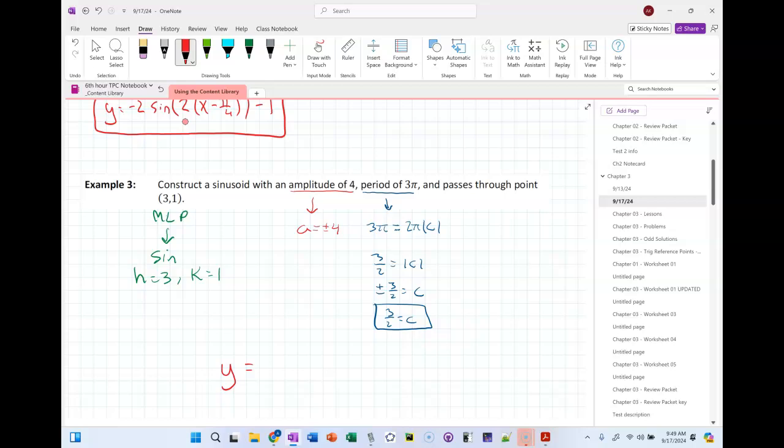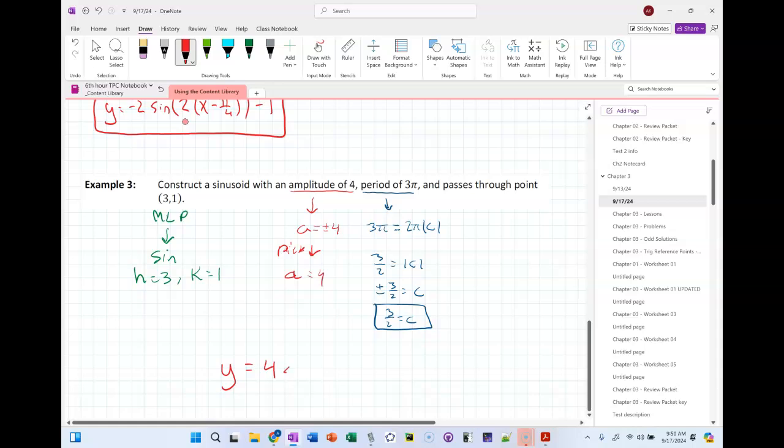If we're going to make a sine function, and we're choosing this to be a midline point, and it doesn't specify anything about what's happening before or after that midline point, it doesn't matter. So I'm just going to pick it to be positive. So I have a times sine, and then I'll do 1 over c, so the reciprocal of c, don't forget to do that, x minus h plus k.